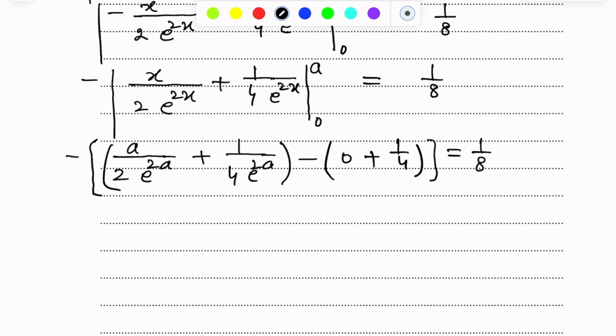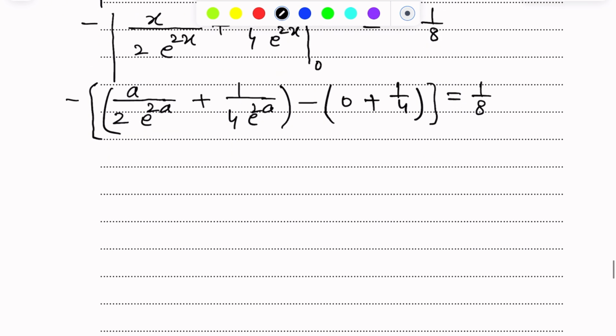Now simplifying we get minus a over 2 e power 2a minus 1 over 4 e power 2a plus 1 over 4 is equal to 1 over 8.